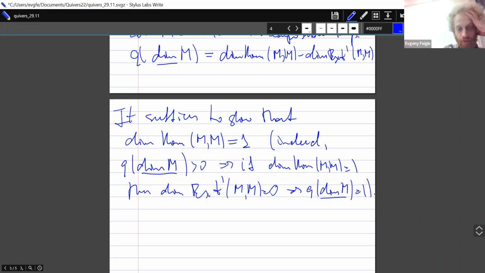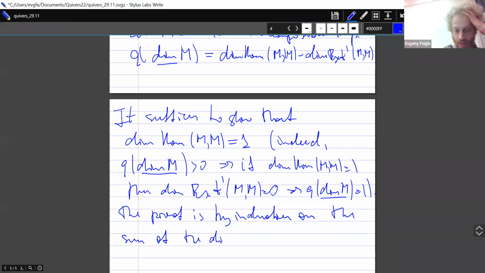Right, so the proof is by induction on the sum of the dimensions of the M_i.